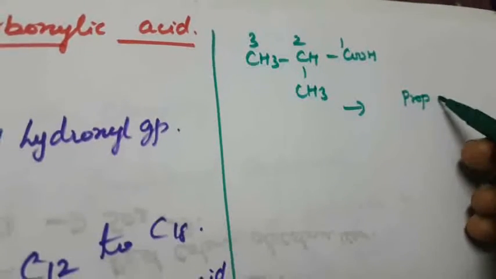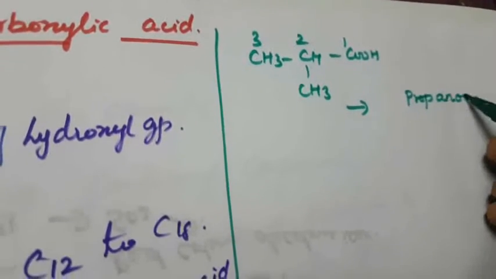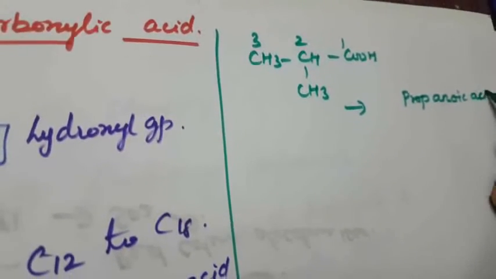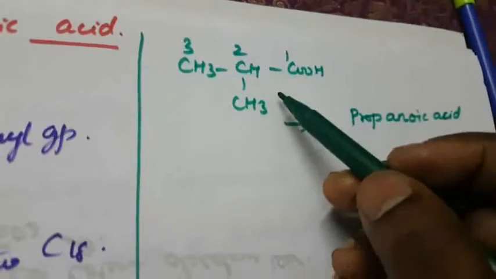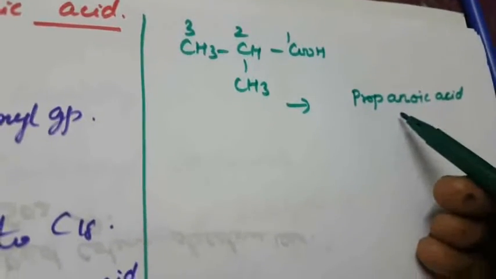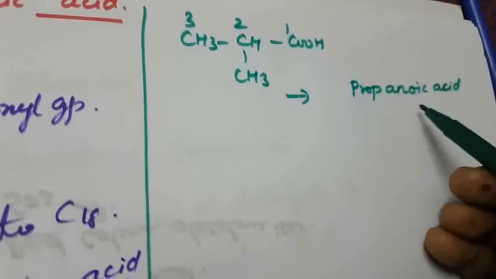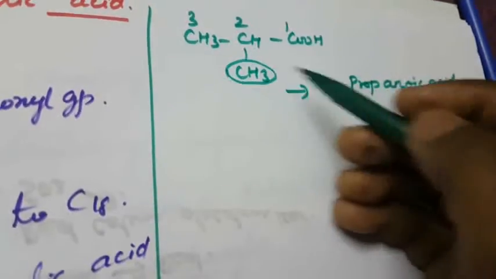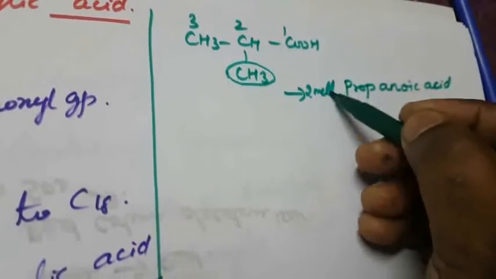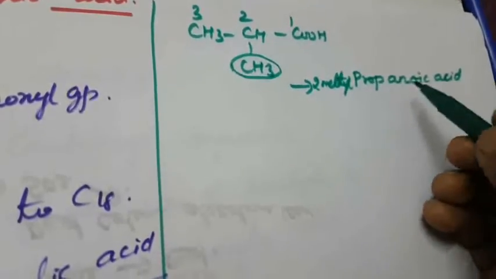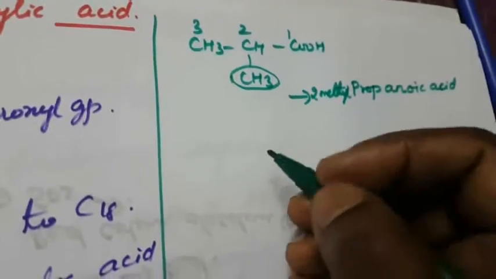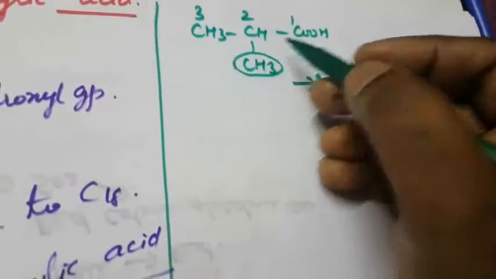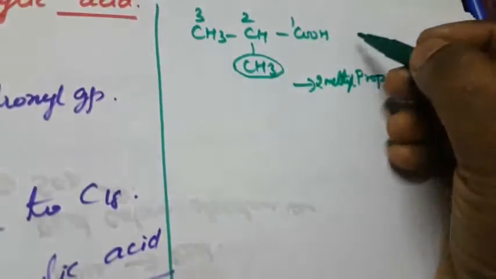The compound is saturated, so it is an-oic acid, because the compound contains only single bonds, that is why we add ane. The e is silent, so it is propanoic acid. Then the substituent group, that is 2-methyl propanoic acid. Okay, this is another compound. What is the common name? Isobutyric acid.